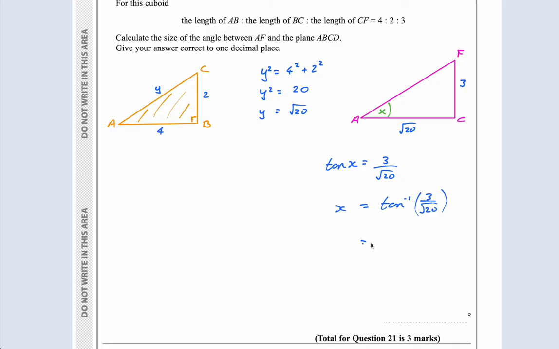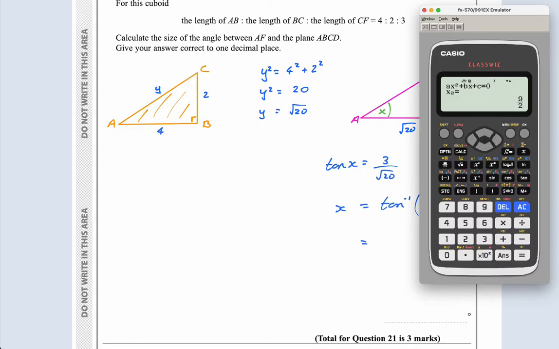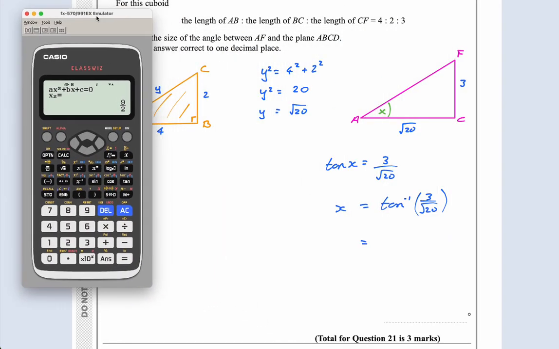And the inverse tan of 3 over root 20, let us do that. Menu 1, the inverse tan of, it's 3 over root 20, what am I doing? 3 over root 20.